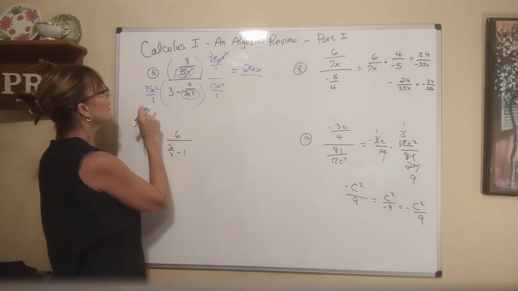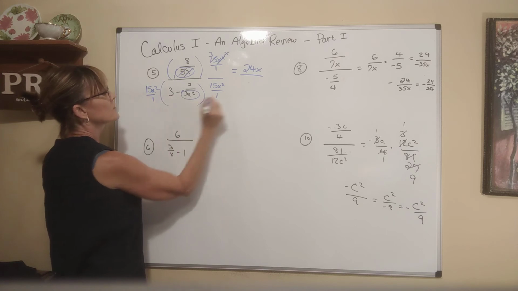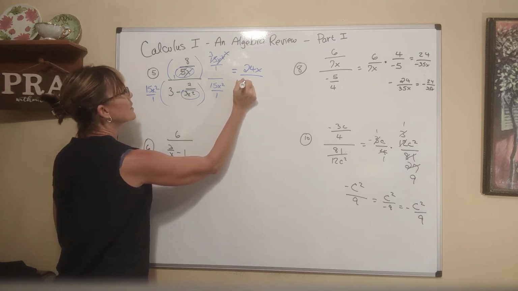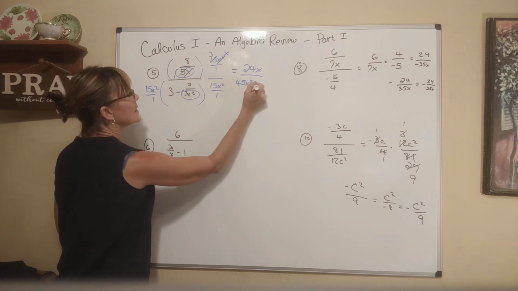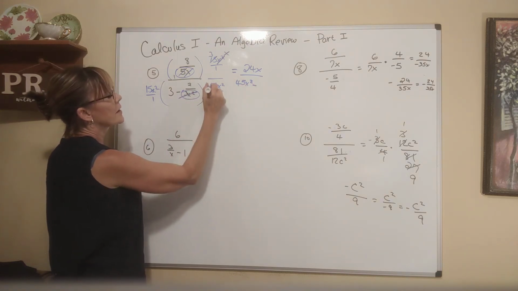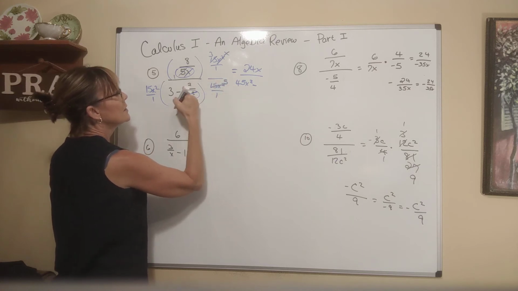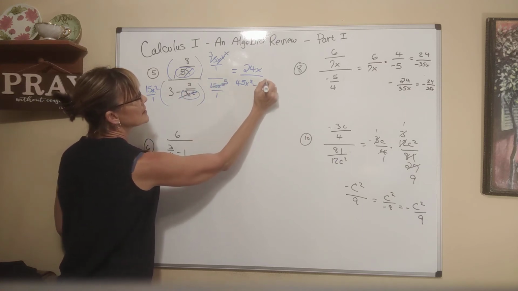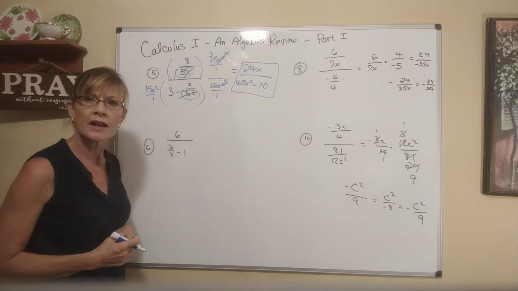In the denominator, I have 15x squared times 3. Nothing canceled there. This just gets multiplied into 45x squared. Minus, over here, 3x squared will go into 15x squared 5 times. 2 times 5 is 10, minus 10. And so this is the simplified version of that complex fraction.